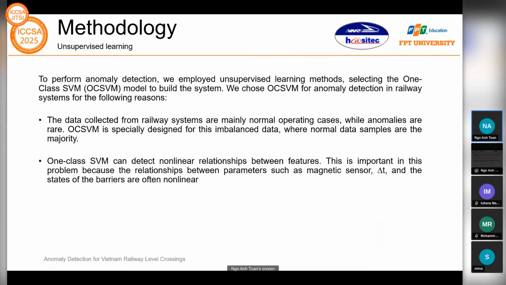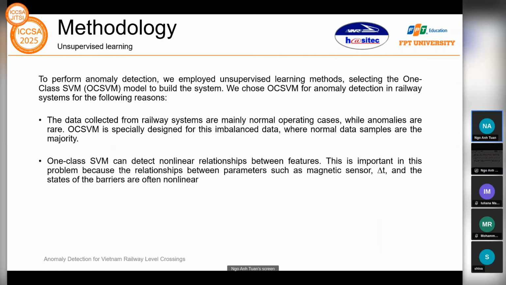We employ an unsupervised learning method, selecting the one-class SVM model to build the system for anomaly detection in railway systems for the following reasons. The data collected from railway systems are mainly normal operating cases when anomalies are rare.